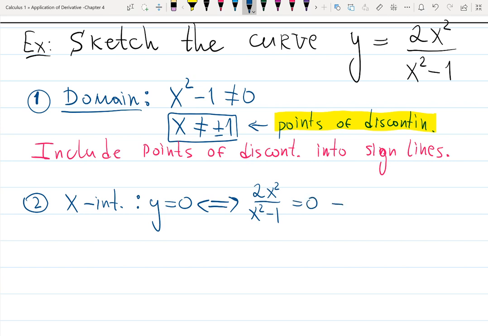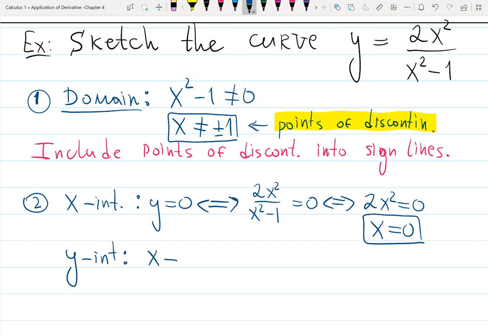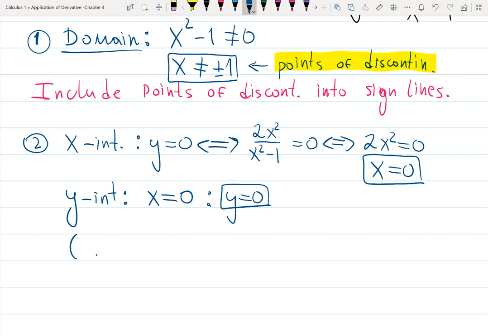The fraction is 0 when the numerator is 0, then x is 0. That's my x-intercept. Y-intercept is even easier to find. Set x to be 0, and then if x is 0, then y is 0. So basically we have the point 0, 0 where the curve intercepts both axes. That's what we found.